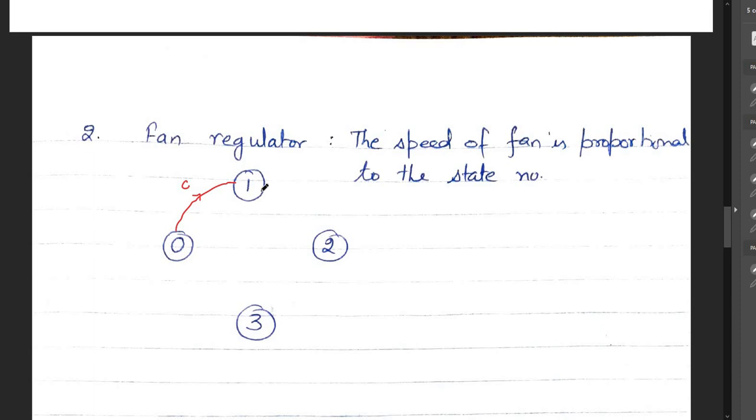And from 1 you can move towards 2 by again choosing a clockwise action. Similarly, from 2 to 3 you can again choose a clockwise action, and from 3 to 0 you can again choose a clockwise action. While on the other part, from 0 you can take another one.